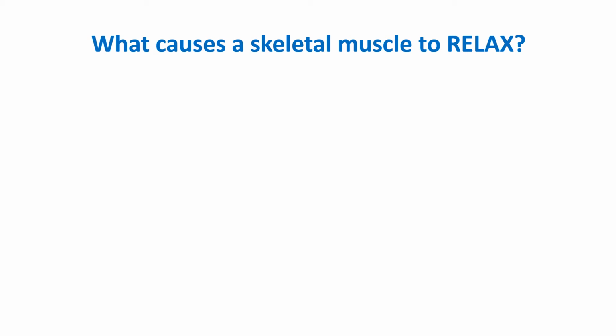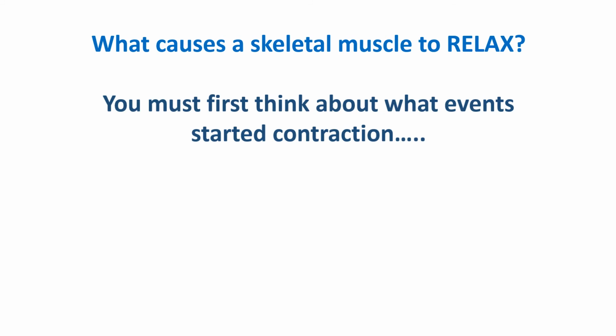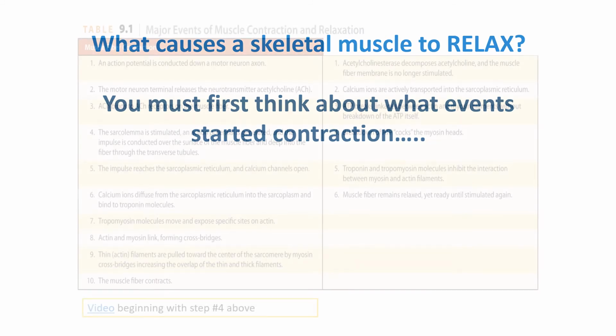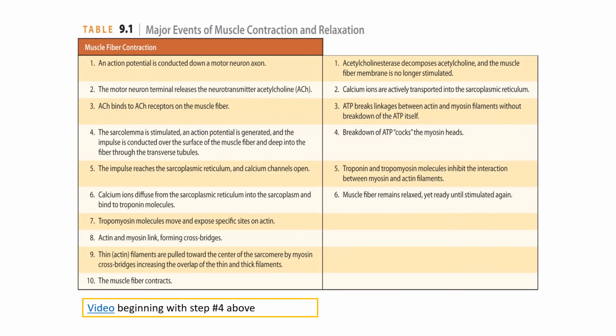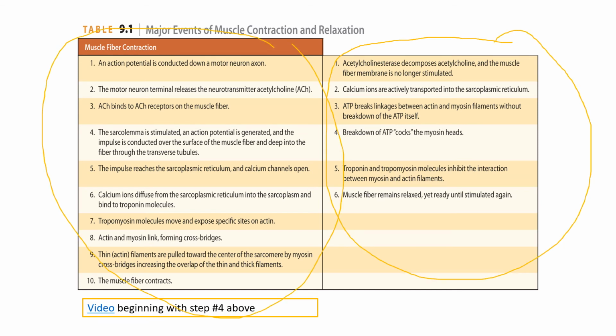If we don't generate a muscle impulse, we won't have contraction, and the sliding filament process won't take place. So to stop a muscle from contracting, to let it relax, you've got to go back to the neuromuscular junction. Okay, and that's what this right-hand part of this table is talking about. This is the steps involved in relaxation. Here we've got the steps involved in contraction, which we just talked about.